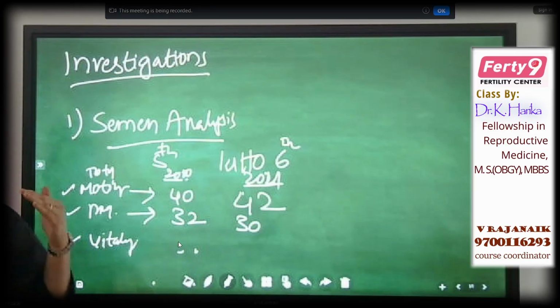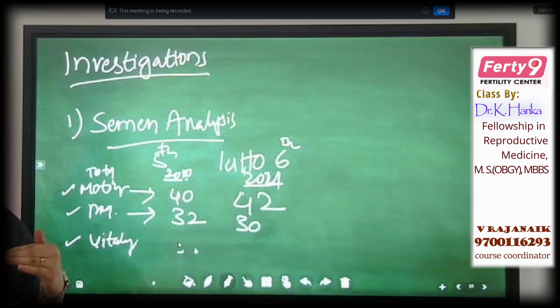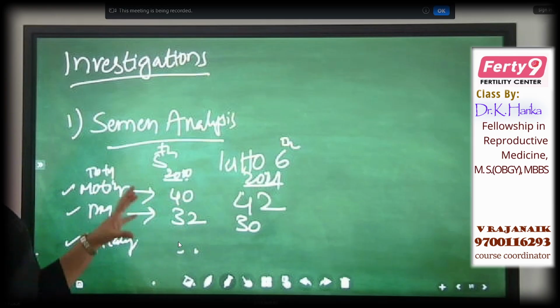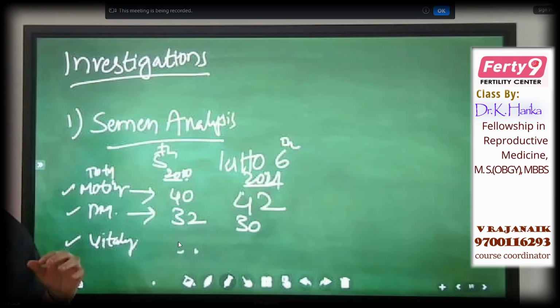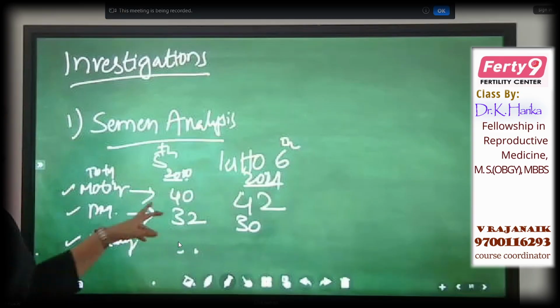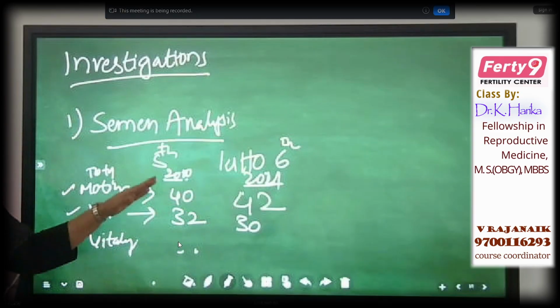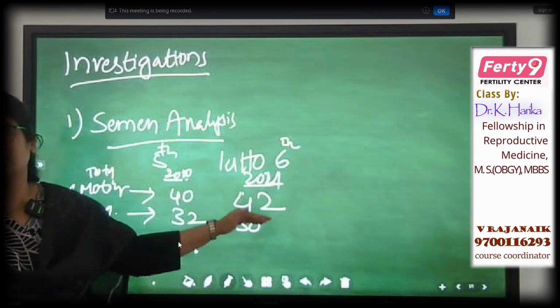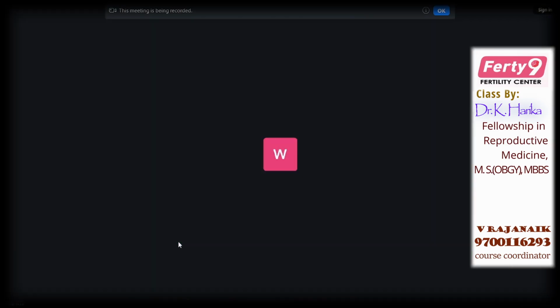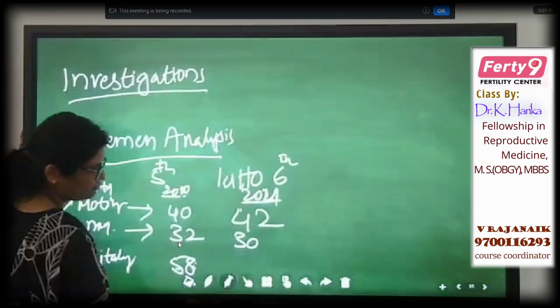Generally, motility is categorized into rapid progressive, slow progressive, non-progressive, and immotile. Total motility combines rapid progressive and slow progressive, so it should be around 40, and according to recent guidelines, 42%. Coming to vitality, it is 58, and in the recent edition, it is 54.